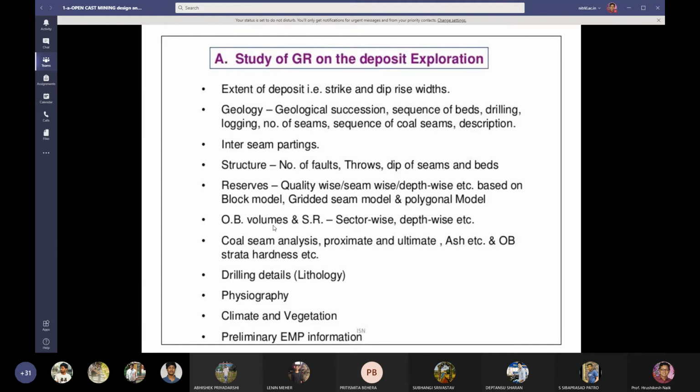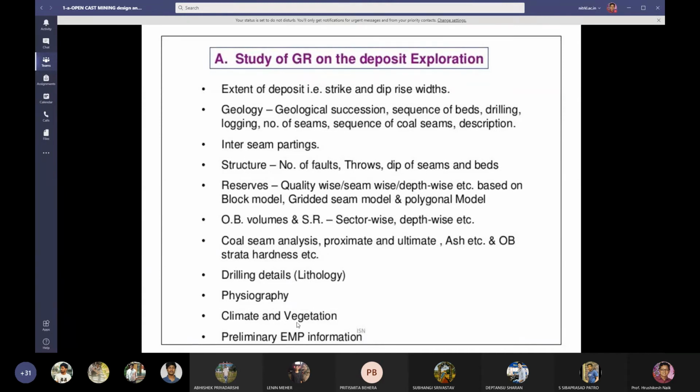Then you have to calculate the overburden volume and the stripping ratio, sector-wise and depth-wise. Then you have to carry out coal seam analysis, proximate analysis and ultimate analysis of coal to find out the ash content, volatile matter content, moisture content of the coal, overburden strata, hardness, etc. Then drilling details and lithological study are to be carried out to know the type of material lying in the deposit.